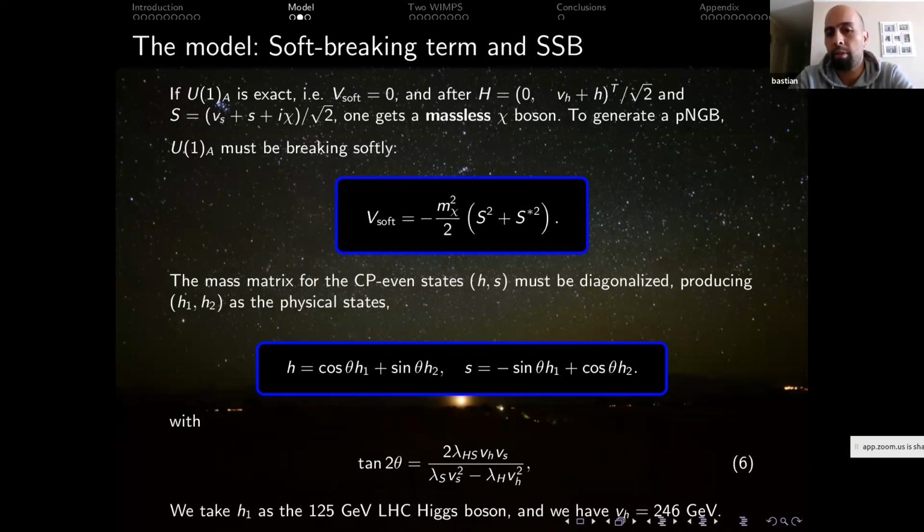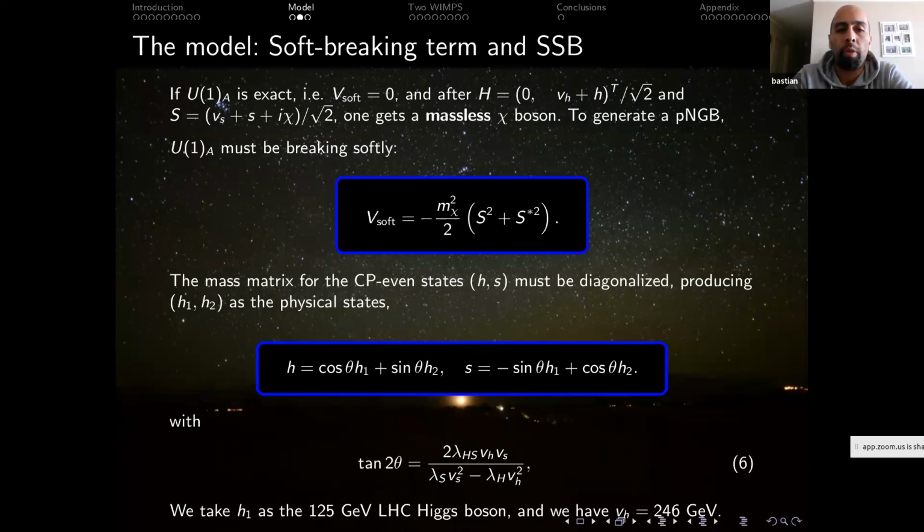It gives a mass directly to this scalar. We keep agnostic about the origin of this B-soft term. This is the mass that we obtain by introducing explicit breaking of the global symmetry.